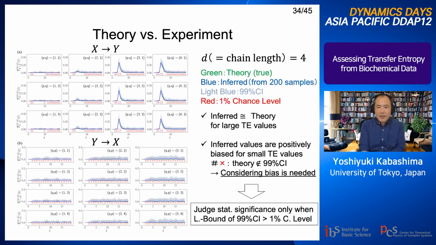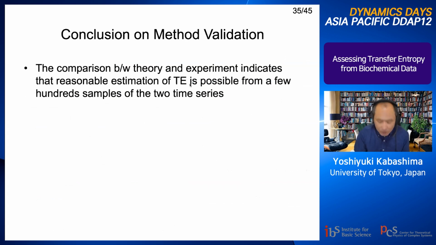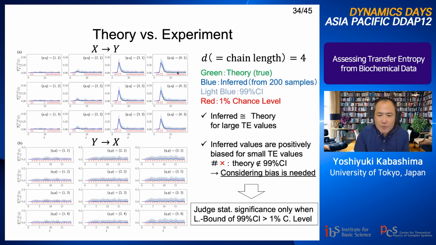So this is the result. Actually, there are 4 items in each panel. Green represents the theory, the true value, and blue represents the inferred value from the 200 samples. Light blue represents the 99% confidence interval, and red represents the 1% chance level.